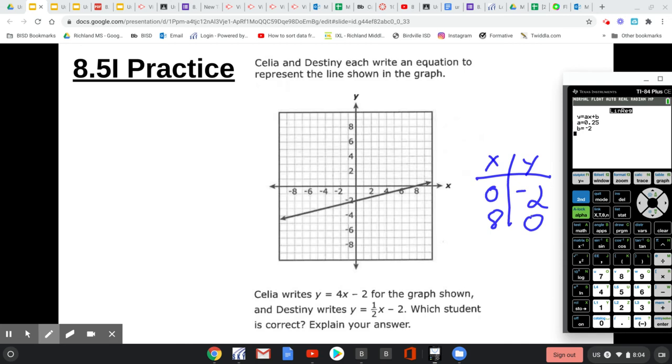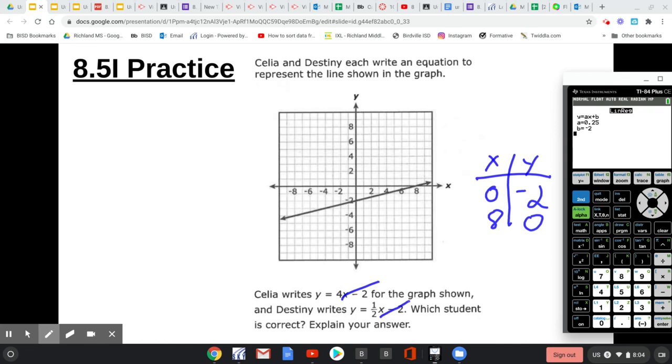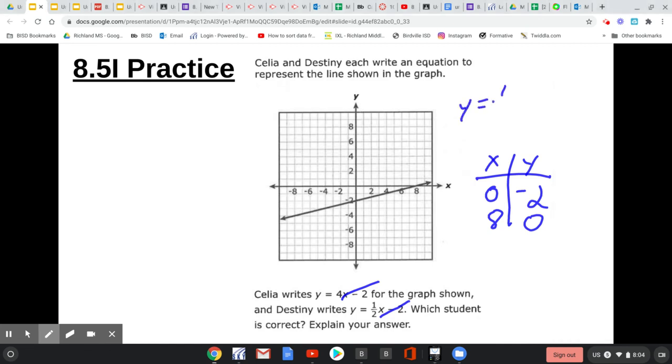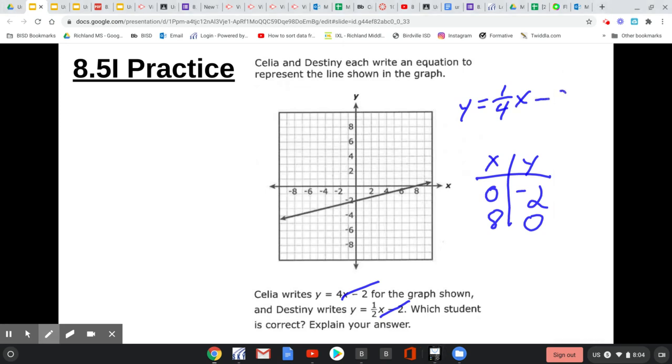So neither one of them are correct. Our slope is y equals 1/4 x, and our y-intercept is -2. So neither one are right. Let's look at another one.